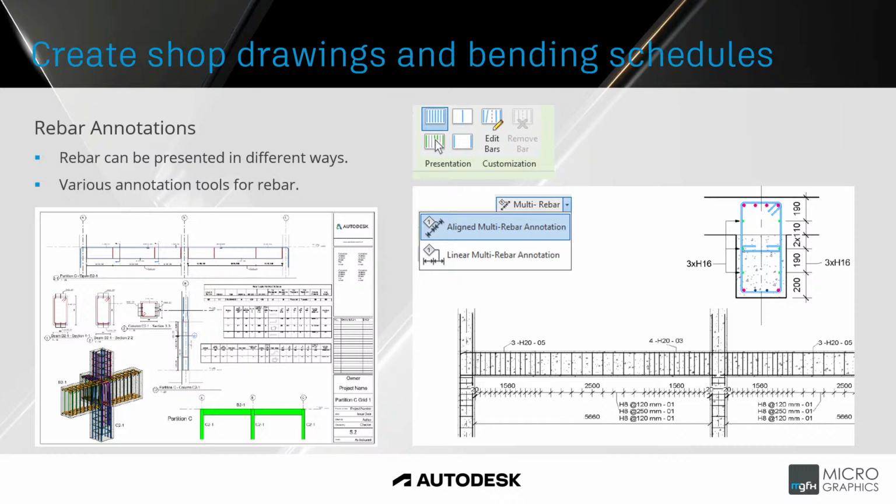You've also got various tools to allow you to annotate these rebar items, as you can see in the various screen pictures there on the right hand side. You can see there's various annotations that you can add.